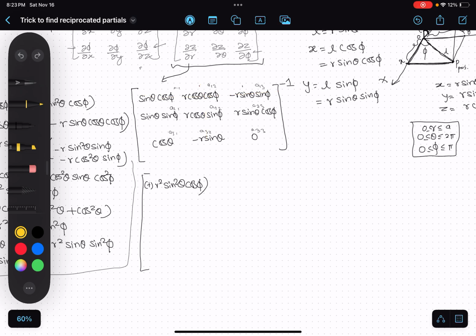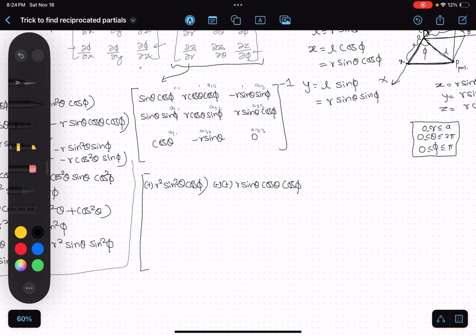The determinant will be 0 minus r sine theta cos theta sine phi. There will be a minus, but this place also has a minus sign, so two minuses. This is the minus of the place, and that minus is from the determinant. So minus r sine theta cos phi, right? This becomes plus eventually.